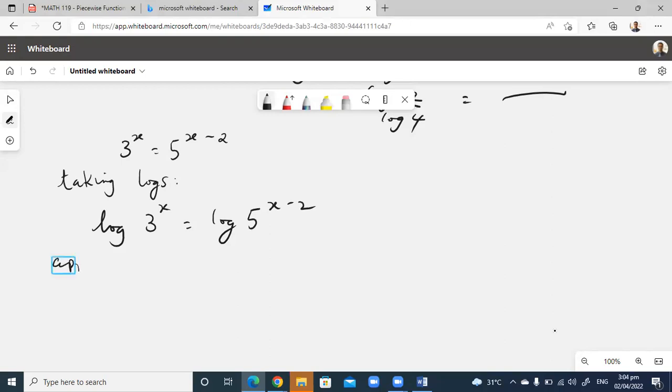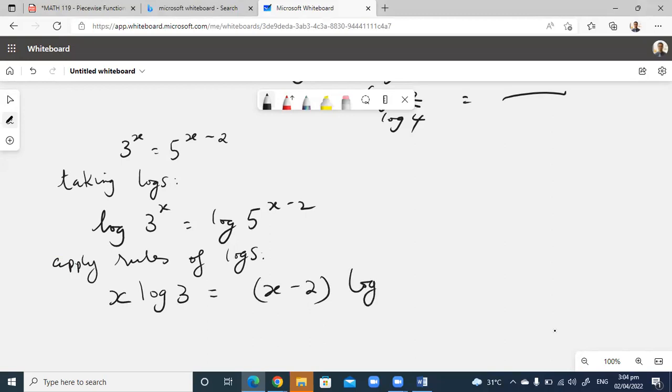Next, I'm going to apply my rules of logs. That will be x log 3 is equal to x minus 2. Remember, this is my power here, times log 5. See what I got? Any questions so far?